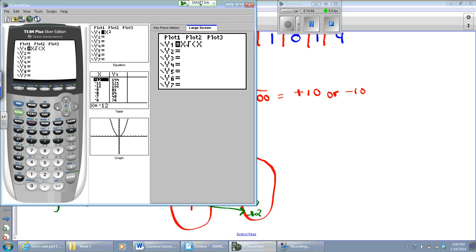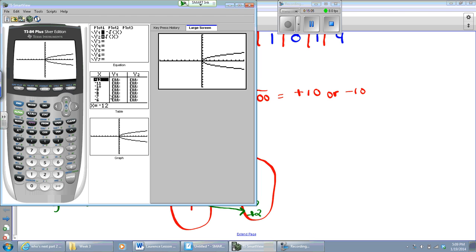Oops, got an extra little symbol there. You know what, I can make that the -1. Okay. You have to do it as two separate functions, just the way the calculator's programmed, that's all. And then the positive square root of x.